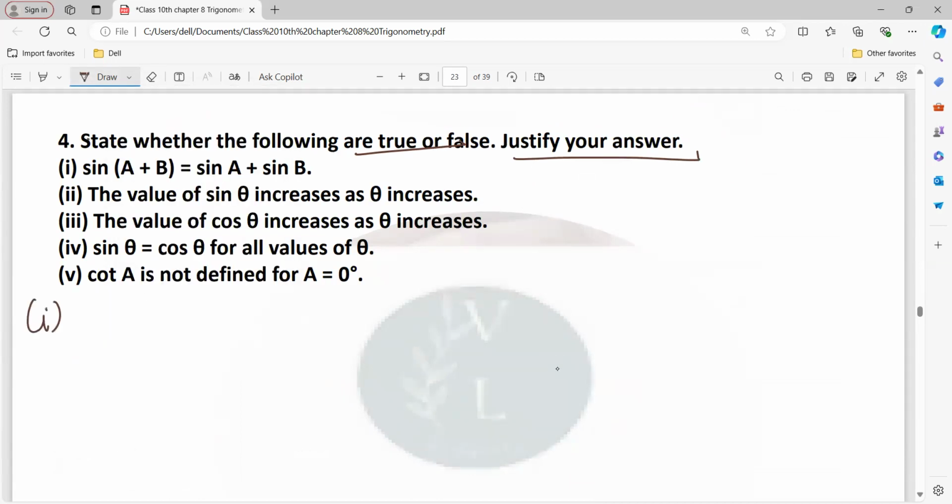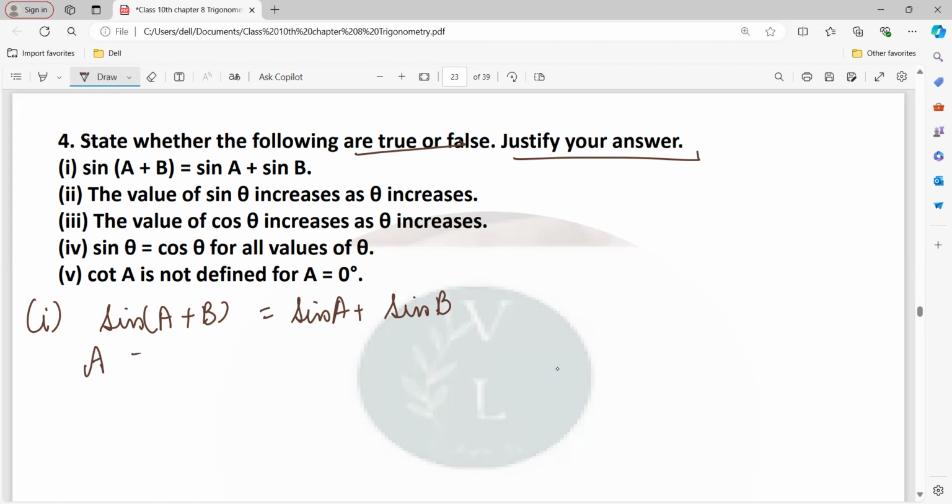For the first part, we need to check whether sin(A plus B) is equal to sin A plus sin B or not. So to justify our answer, we need to take different values of A and B. Okay.